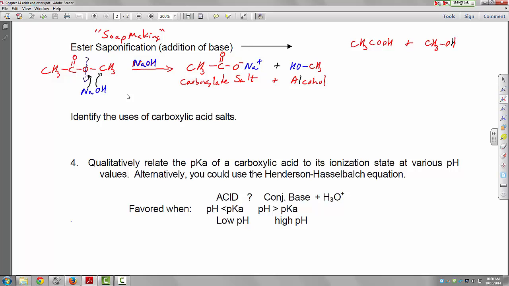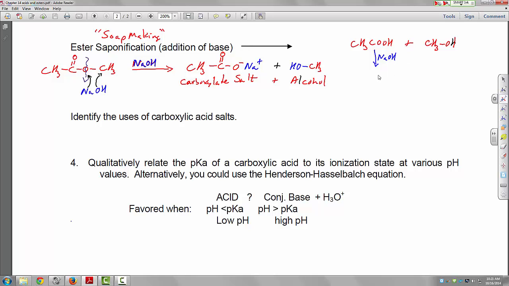But remember, of course, now this reaction arrow doesn't mean these reactants are going anywhere. These reactants are converted to products, but the products here are still in the same reaction vessel as the sodium hydroxide. So what do we know happens when we have an acid in the presence of a base?